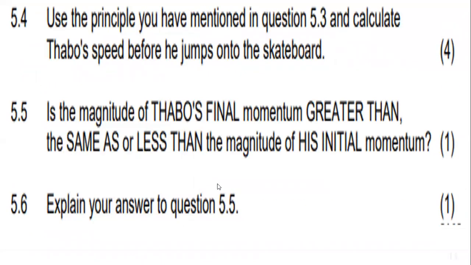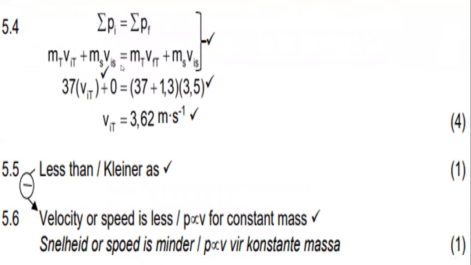Then we just go there and we say the sum of the momentum before is equal to the sum of the momentum after the collision. And remember that before the collision, it's basically the initial momentum, after it's the final momentum. So there it was just used as the sum of the initial momentum is equal to the sum of the final momentum.